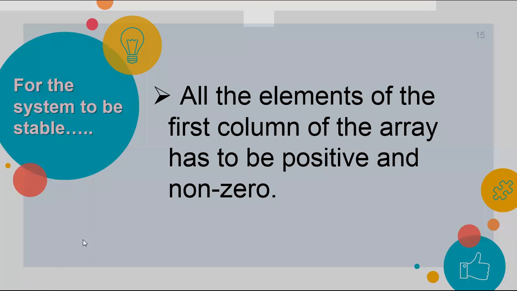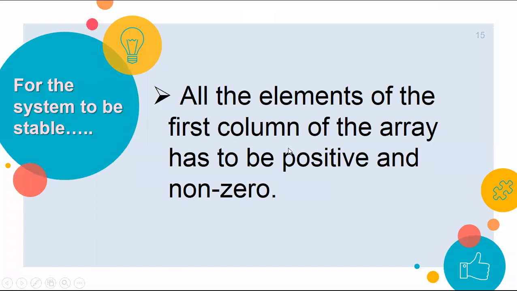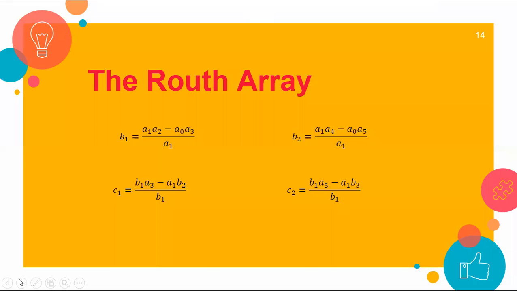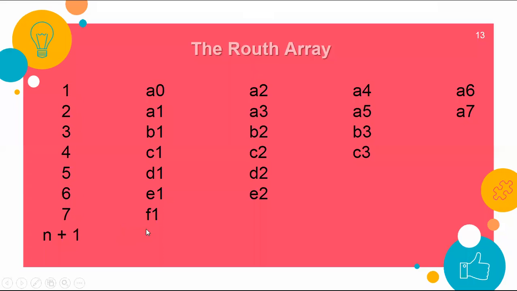Your system is stable if all the elements of the first column of the array are positive and non-zero. Then you are certain that it's already stable. So all these elements here should be positive and non-zero. If you have all positive elements here but you have a zero in the last element or on any of the elements, your system is still unstable according to this particular test.